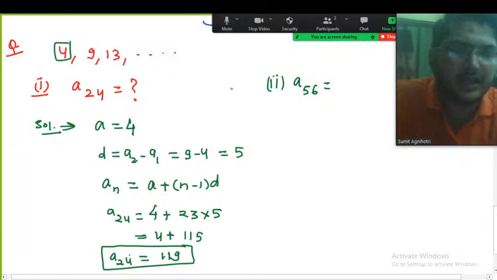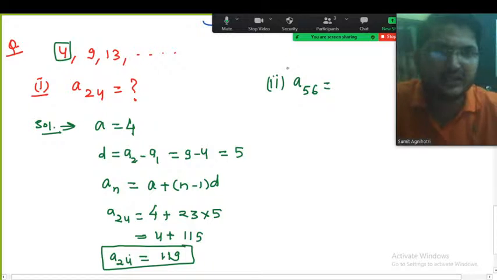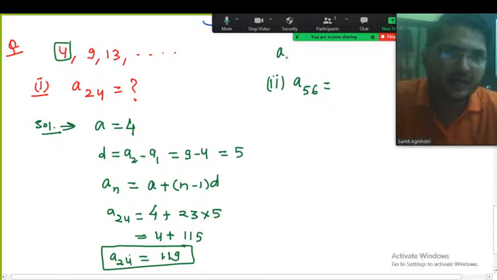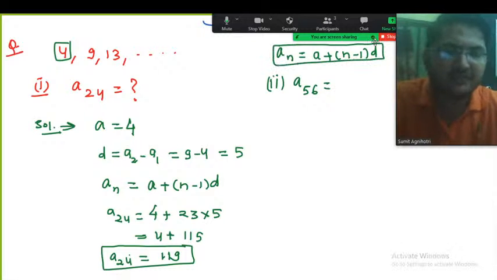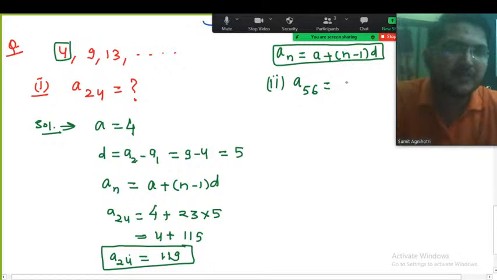For any such question, you need to first apply this nth term formula, that is A plus (n minus 1) into D. That is why I suggest you remember this formula carefully. For this case, we want the 56th term, that means we have to write n equal to 56. If we subtract 1, we get 55 written here.